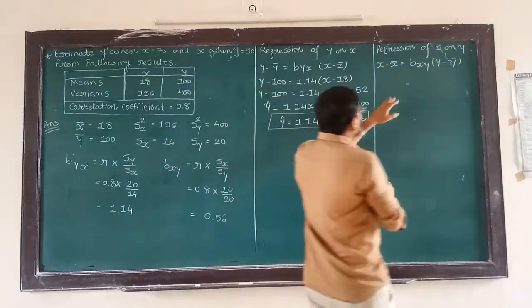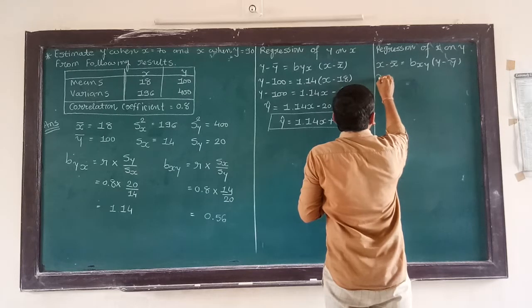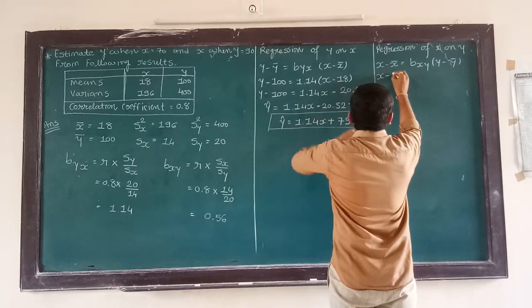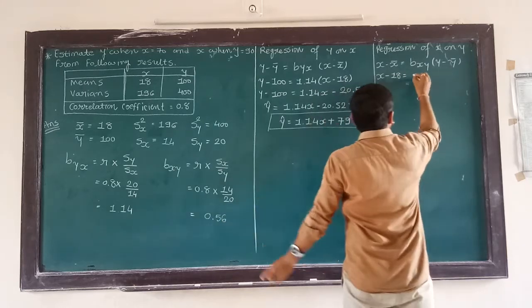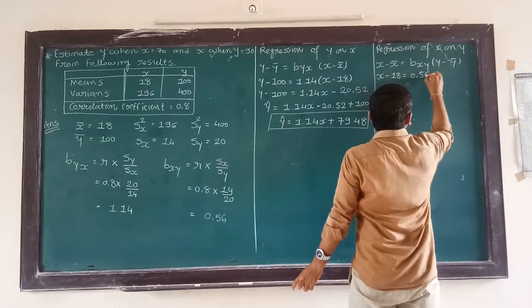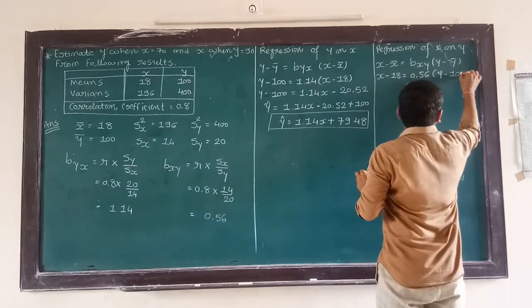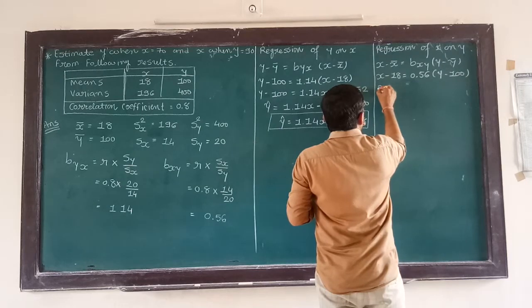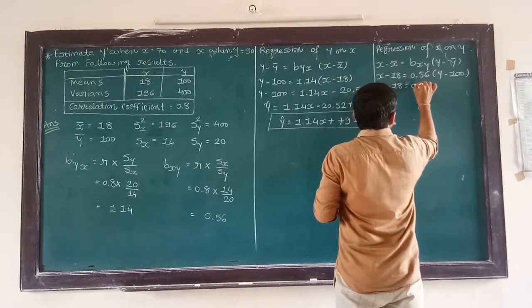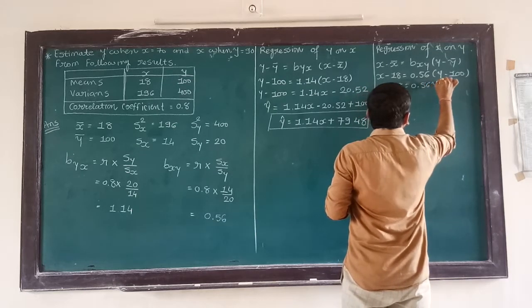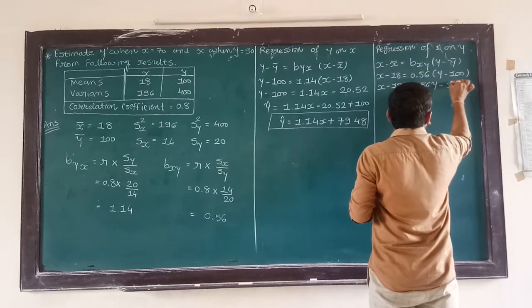Same as we calculate the other line of bxy. Here x bar is 18, bxy is 0.56, y bar is 100. Multiplied with y, 0.56y minus 0.56 into 100 means 56.